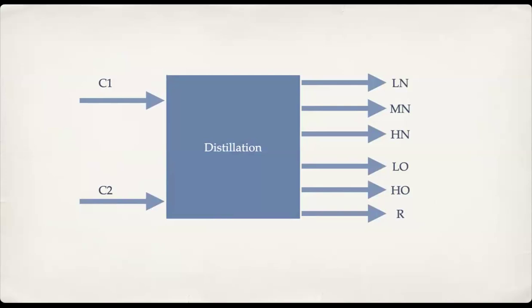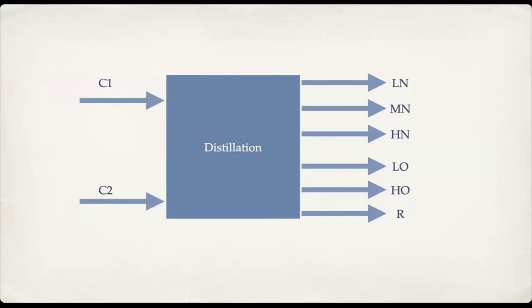And you see that, can we eliminate variables like light naphtha, medium naphtha, heavy naphtha, light oil, heavy oil, and residue? Yes, we can get rid of all these variables, because light naphtha is always a function of C1, C2, since you have information regarding the yield.